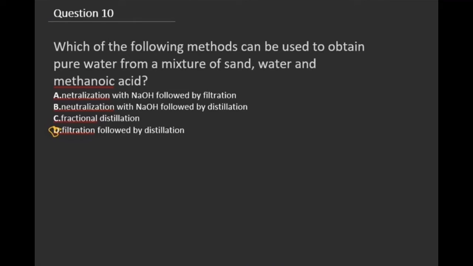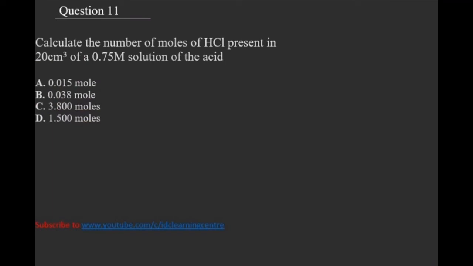So question number 11. Calculate the number of moles of HCl present in 20 cm³ of a 0.75 mole solution of the acid. To solve this question, we are asked to calculate the number of moles.